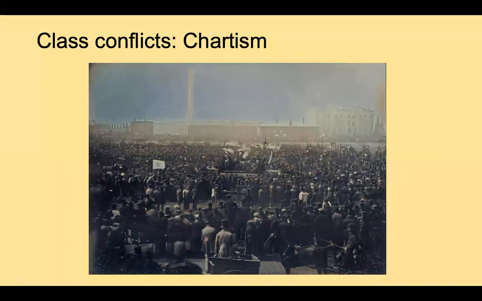Chartism is another example of class conflicts. Chartism was a sort of working class male suffrage movement in England in the mid 19th century. This is an example of a kind of struggle to expand access to the right to vote. And obviously it was male suffrage, and this is an example of how political participation often begins in a limited sense for certain groups.